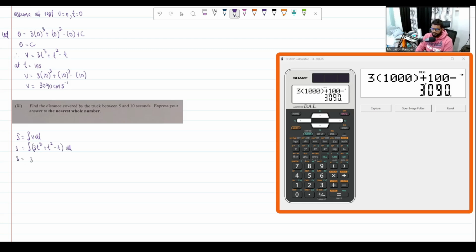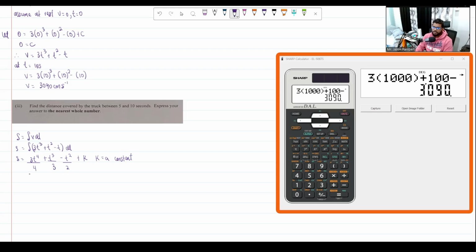This is equal to 3t to the power 4 over 4 plus t cubed over 3 minus t squared over 2. I had to put plus k because I already used c above, where k is a constant.